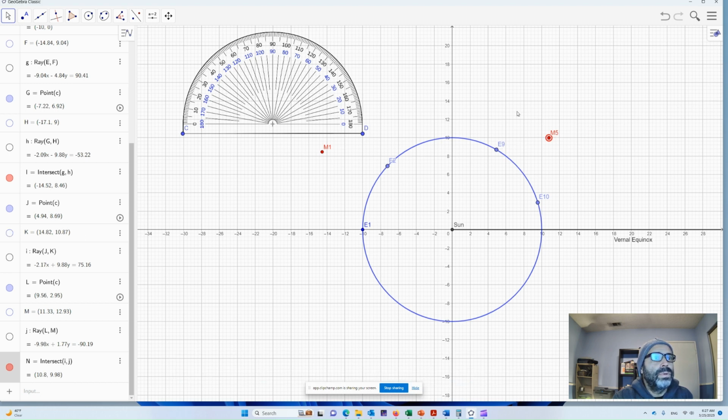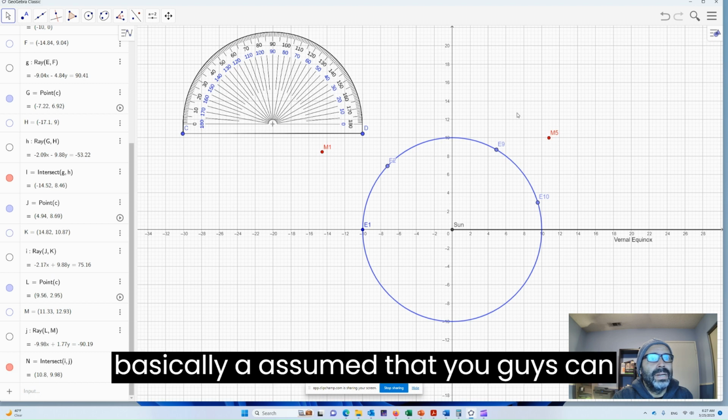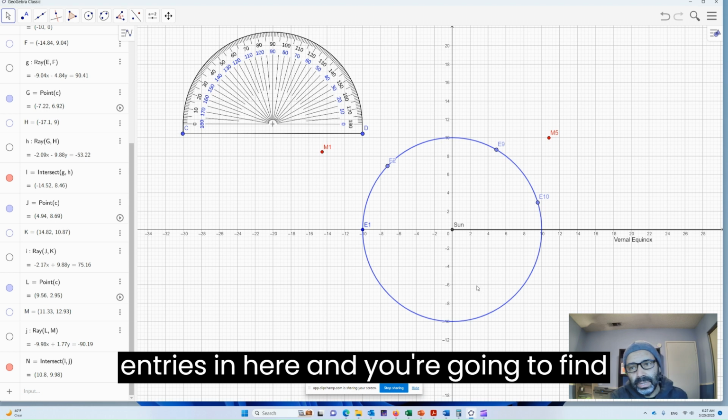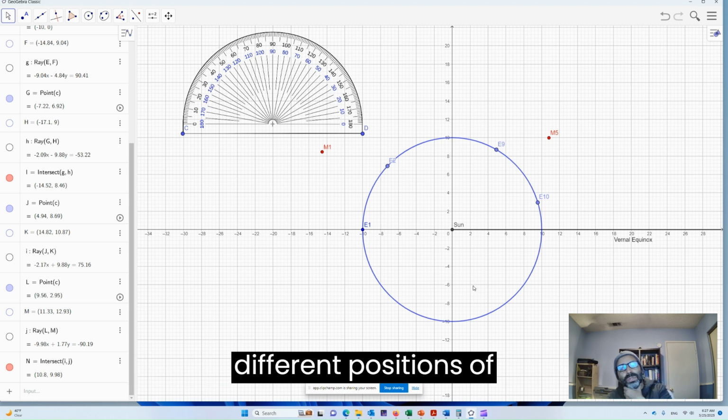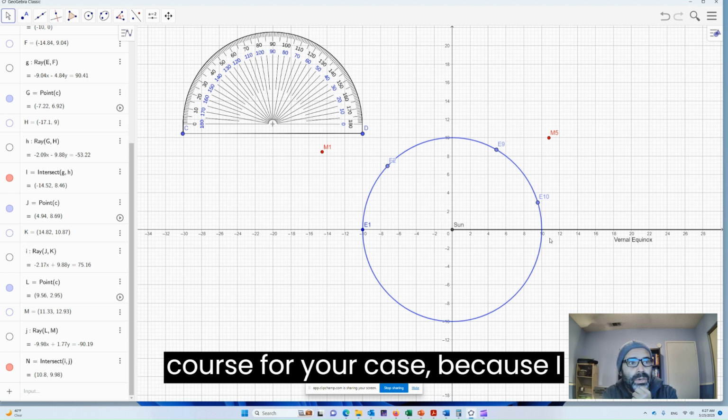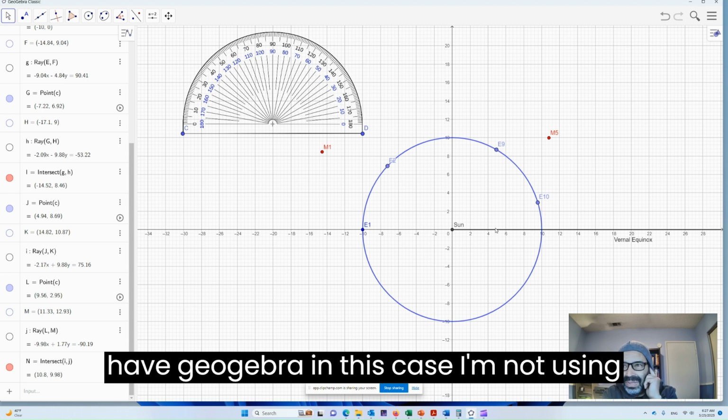Okay. So now I assume that you guys can continue and finish the entries in the table, and you're going to find different positions of Mars using the protractor and ruler, of course, for your case, because I have GeoGebra.